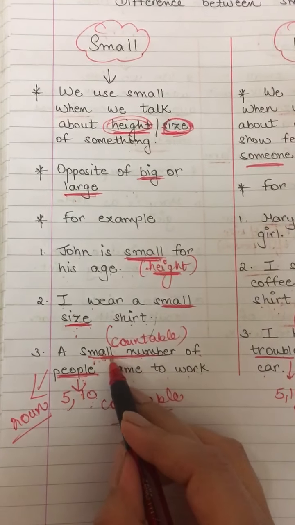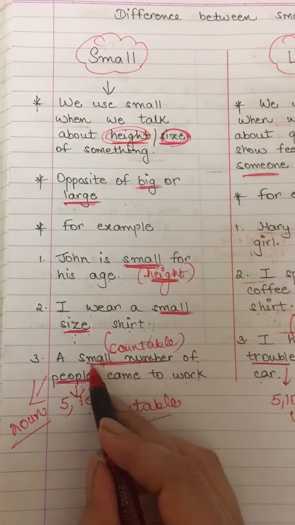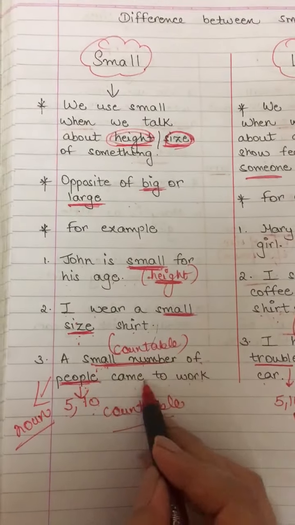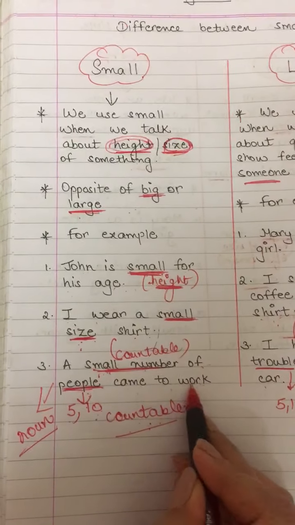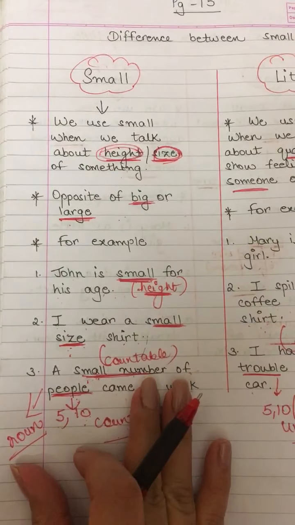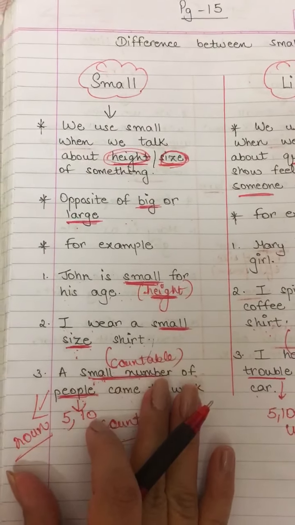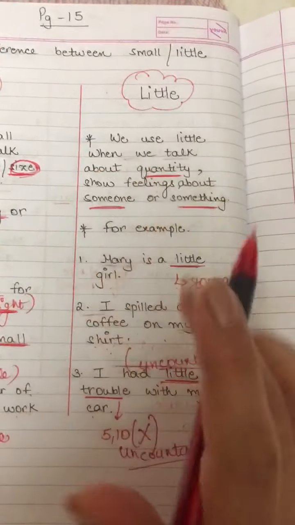So we will say a small number of people came to work. We will not write a small of people came to work. This is all of the explanation of small.